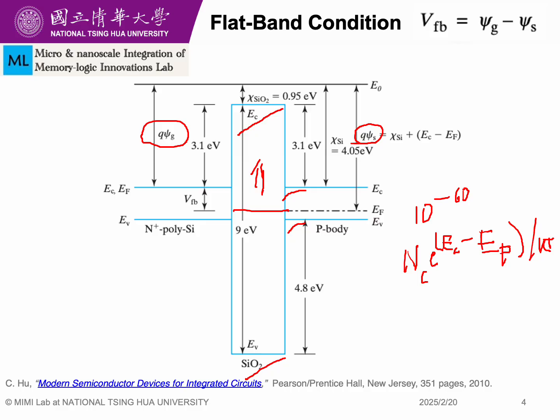And the flat band voltage, VFB, is just the difference of these work functions. And that's all. If you are given any MOS capacitor and you want to find the flat band voltage, it is basically just the difference between these two parameters.